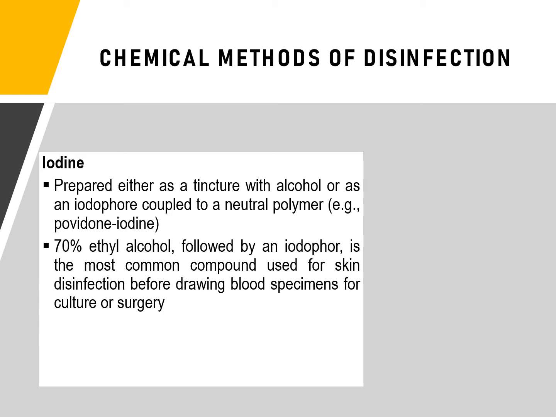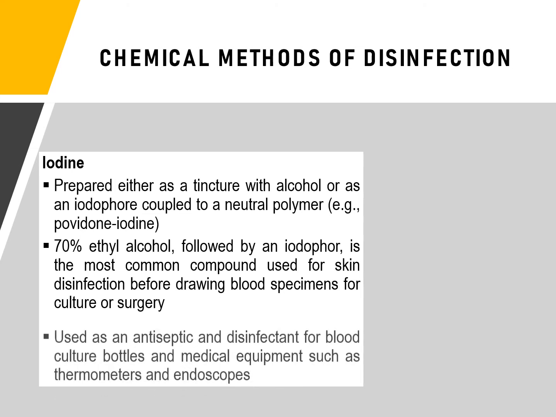A 70% ethyl alcohol followed by an iodophore is the most common compound used for skin disinfection before drawing blood specimens, either for culture or surgery. Basically, these procedures require complete antisepsis. So in order to achieve that, you have to perform 3 changes of alcohol and iodine.